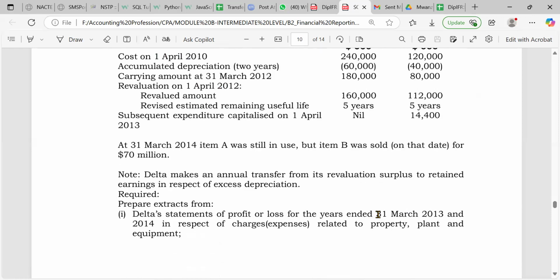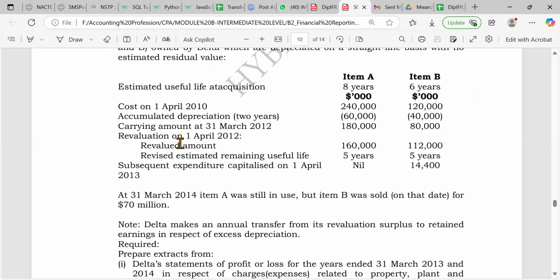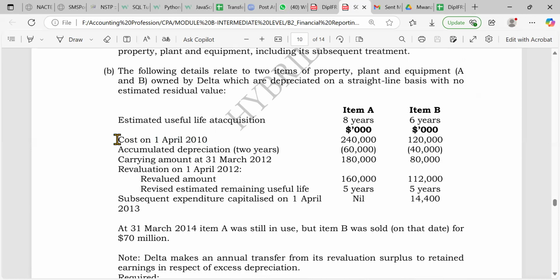So from the question, we note that we need to get the extract 3 years from this date, right? Obviously, if you have the cost at the very beginning and here we have been told accumulated depreciation for 2 years, it looks like up to the year ended 31st March 2011 and 31st March 2012, depreciation has already been computed.